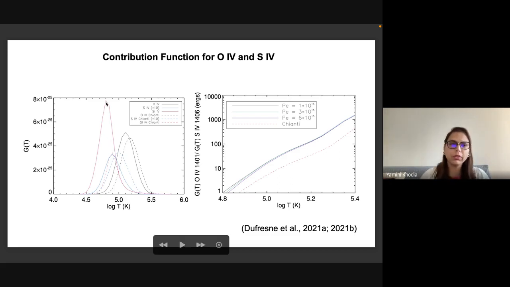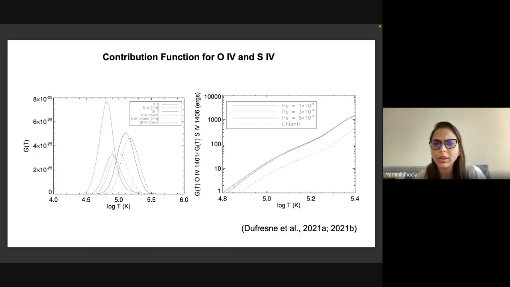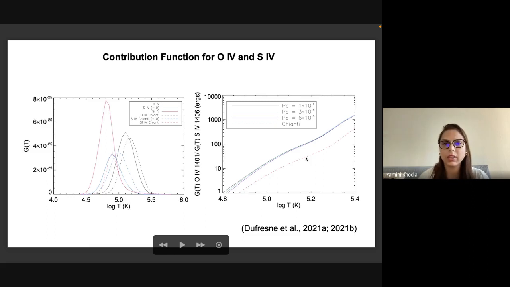So it is important to use this new atomic model, which is currently not in the CHIANTI 10 version, but will be implemented in CHIANTI 11. Then we see these contribution functions at different pressures, and the solid lines, the ratio of the contribution function for the new atomic model, vary quite a lot from the old Chianti model using zero density effects.